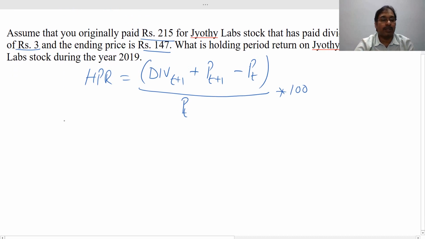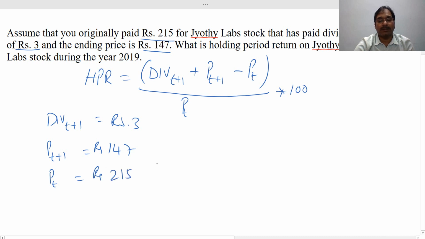So your dividend amount is rupees 3, your selling price is 147 and your purchase price is rupees 215.